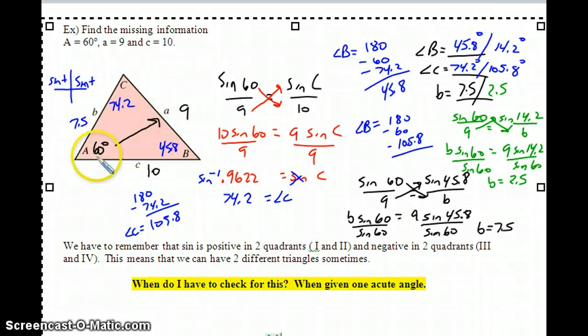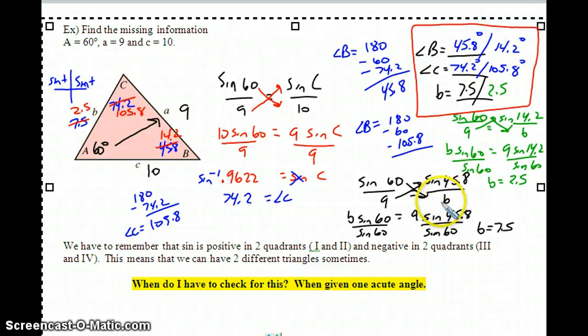Middle angle, middle side. Alright, what if I change now to using B as 14.2, C as 105.8, and side B as 2.5. Largest angle, largest side, good. Middle angle, middle side, good. Smallest angle, smallest side. So really what I have here is the possibility of two different triangles. Here's my answer up here.